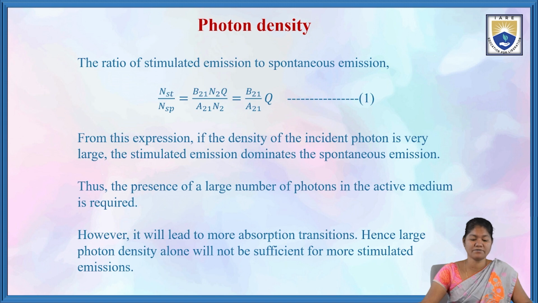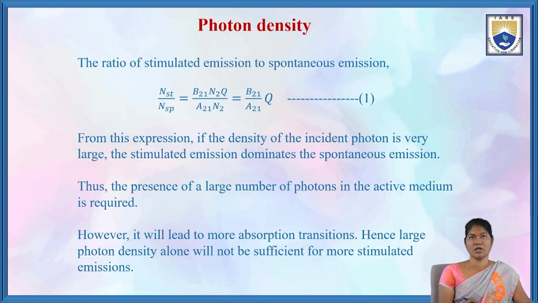First of all, photon density. The ratio of stimulated emission of radiation to spontaneous emission of radiation: NST by NSP is equal to B21 N2 Q divided by A21 N2.